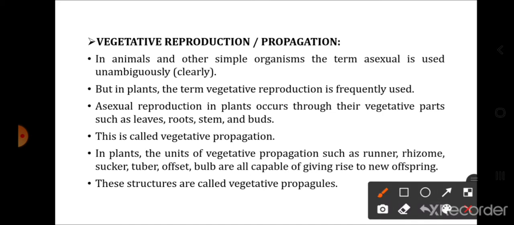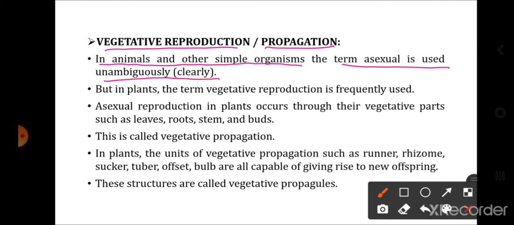Asexual reproduction in plants is called vegetative reproduction, or also vegetative propagation. In animals and other simple organisms, the term asexual is used unambiguously.